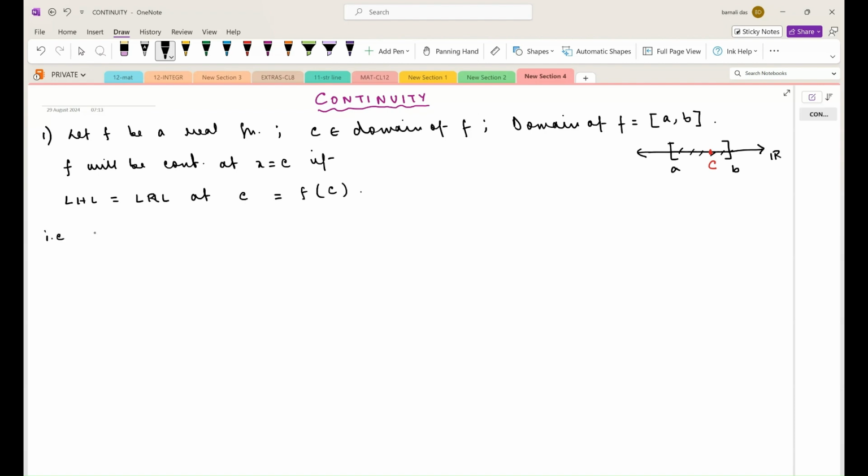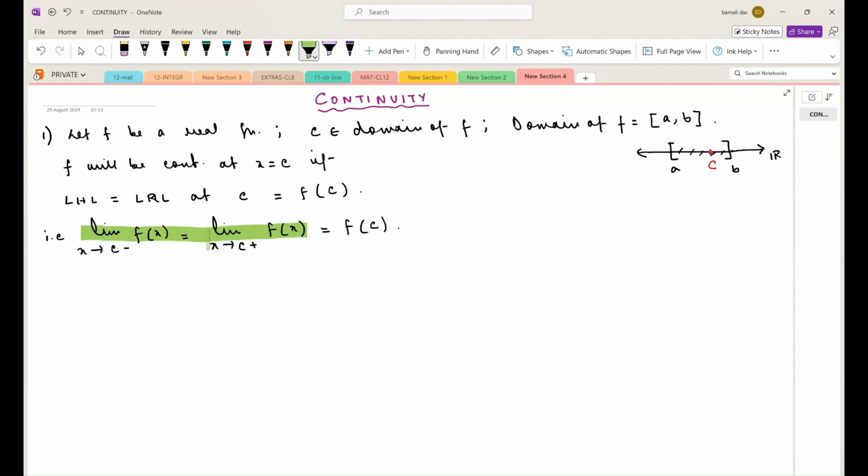That is, the limit of the function f as x tends to C from the left, that is your left hand limit, equal to the limit as x approaches C from the right of f(x), that is your right hand limit, equal to the value of the function at C. Now in class 11 you have seen that this portion ensures that the limit exists.